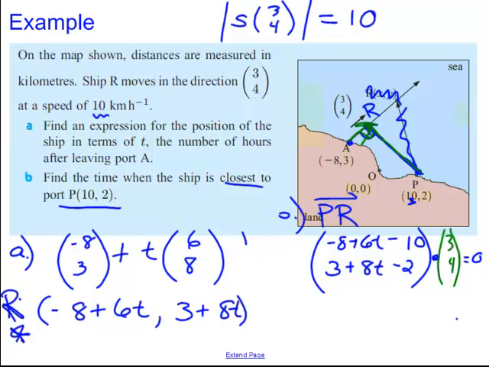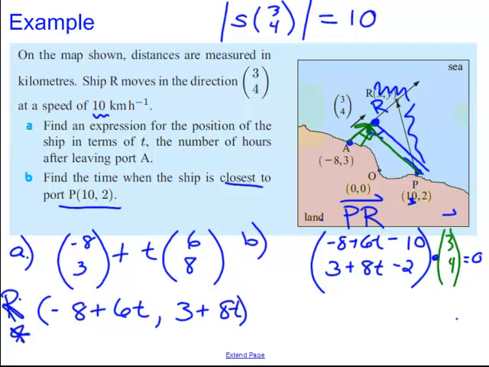So here's my vector PR. This is my velocity vector. That's my velocity vector, and I know the dot product has to be equal to 0.